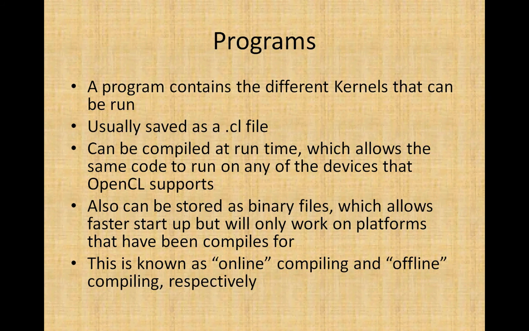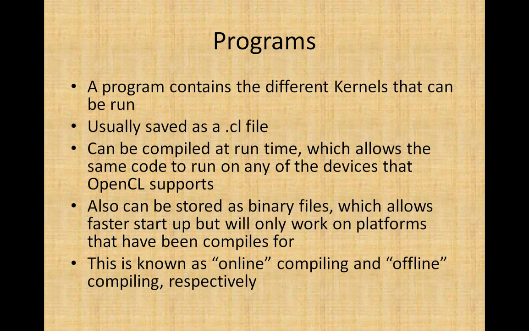Programs. A program contains the different kernels. You can have one or many kernels, and it's a .cl file. And this again is written in the actual OpenCL language. This isn't your main host application. It can be compiled at runtime, which is known as online compiling, or it can be compiled not at runtime, which is known as offline compiling.